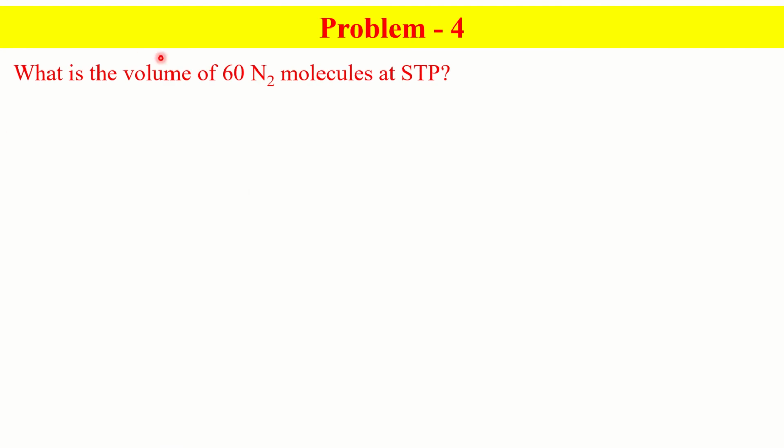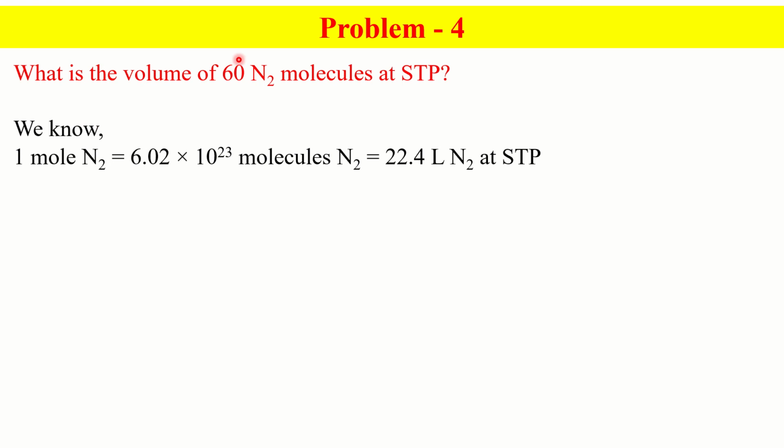Now, what is the volume of 60 nitrogen molecules at STP? Here also you will relate both with mole, molecule and volume. 1 mole nitrogen equal 6.02 into 10 to the power 23 molecules nitrogen equal 22.4 liter nitrogen at STP.